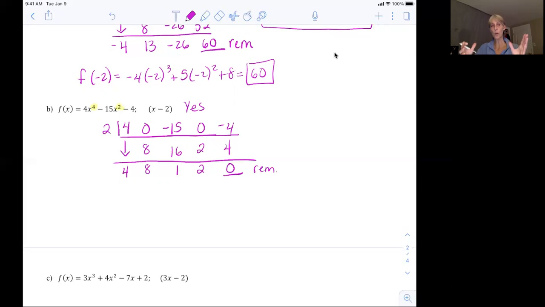Now we're in a position where we can break this down further. So if you think about this, we already factored out the x minus 2. This division here is dividing that factor out, and we're going to be left with 4x cubed plus 8x squared plus x plus 2.